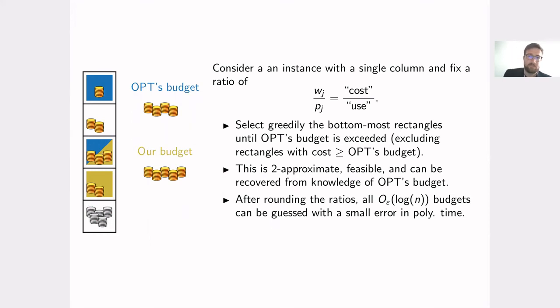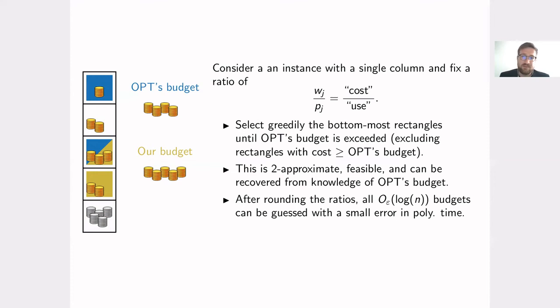And we can actually, if we round these ratios cost over use, which we can, we will end up with only logarithmically many budgets, and we can guess all of them with a small error in polynomial time.